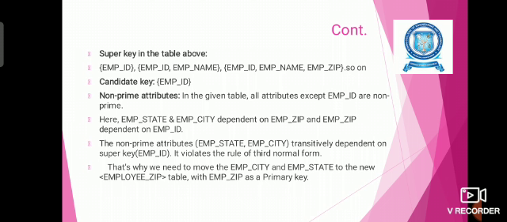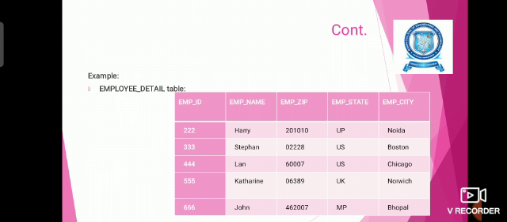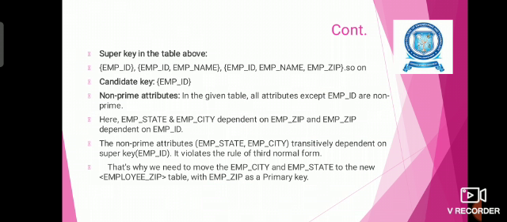And here the problem is employee state. Now we can see the employee state and employee city are dependent on the employee zip code, and employee zip code is dependent on the employee ID. The problem is that the employee state and employee city are not directly dependent on the employee ID. In turn, they are dependent on the employee zip, and employee zip is dependent on the employee ID.